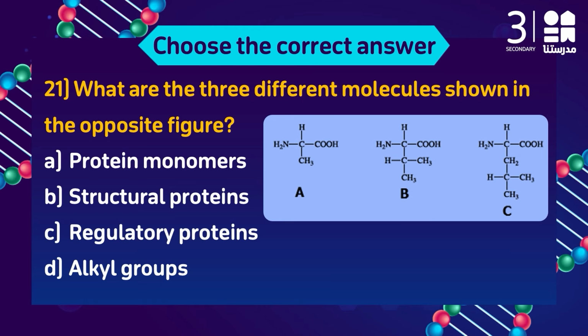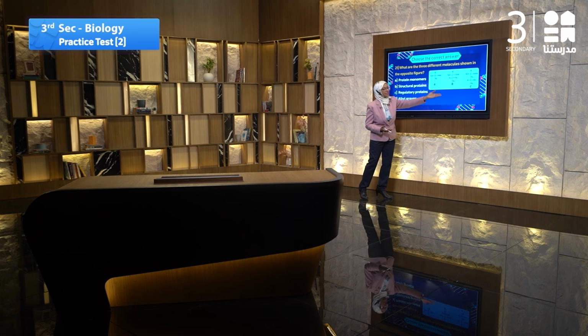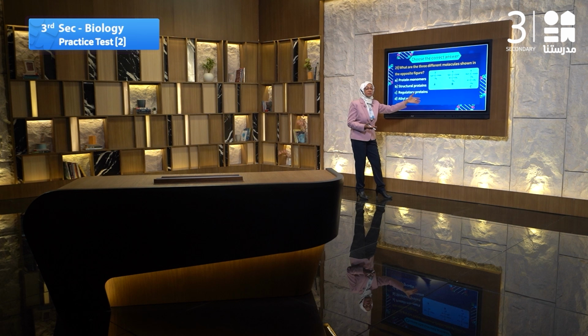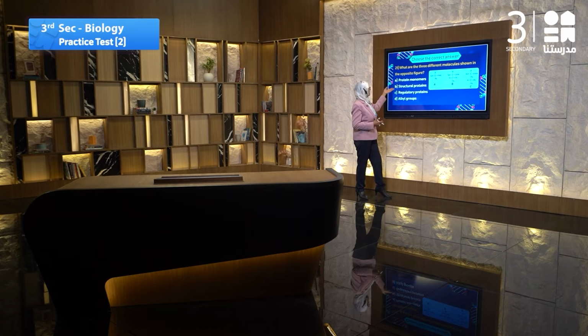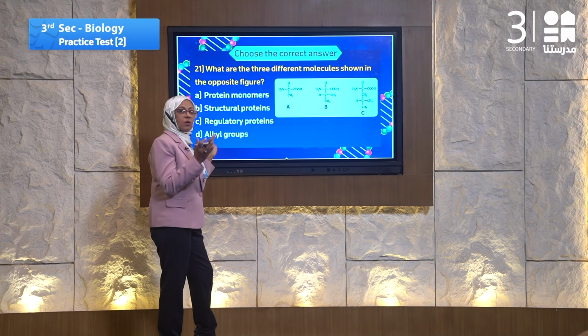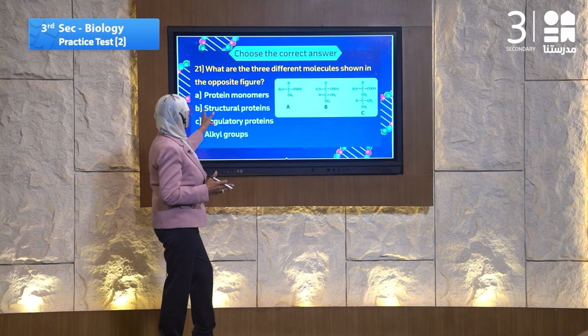What are the 3 different molecules shown in the opposite figure? They speak about A, B, and C. They are molecules. Number A, protein monomers. That's it, but we must read all the choices. Number B, structural protein.